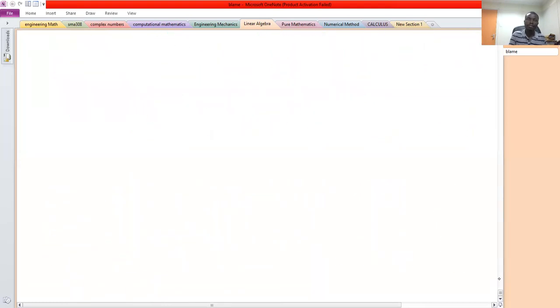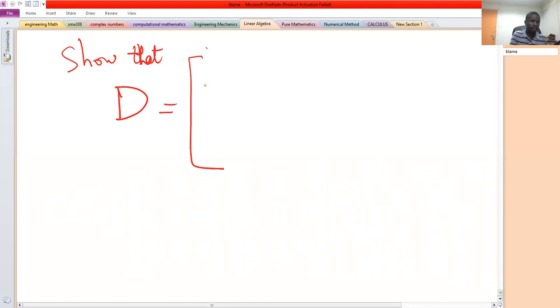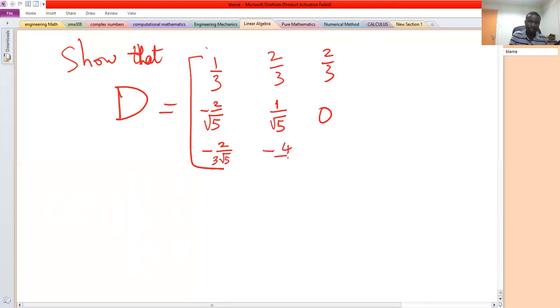And in a similar way, confirm that this matrix D, given by a third times the matrix with rows 2 over 3, 2 over 3, minus 2 over root 5; 1 over root 5, 0, minus 2 over 3 times root 5; minus 4 over 3 times root 5, and 5 over 3 times root 5, is orthogonal.